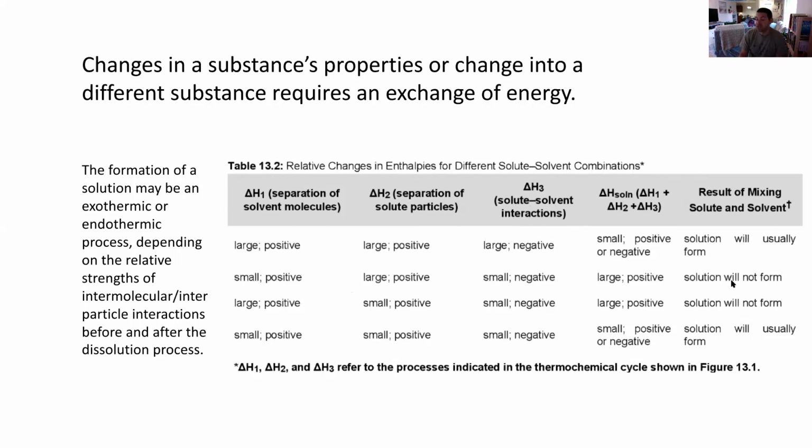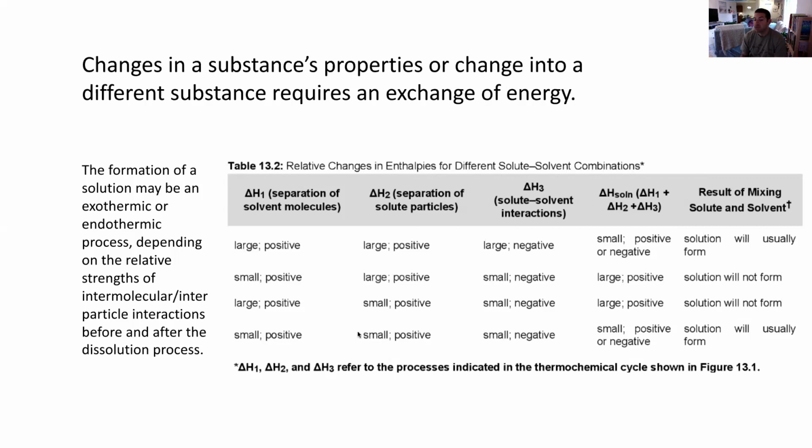Anyway, the solution's most likely not going to form if we end up with a really large positive value for the delta H. All right, so that's these middle two scenarios. And the bottom one, let's say we have really small amounts of enthalpy for separating the solvent, a small amount for separating the solute, and then a small negative value for the solute-solvent interaction.